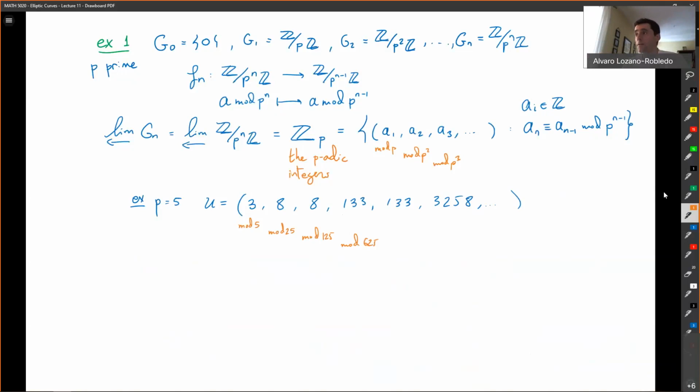By the way, Z_p is a group under addition, and it's in fact a ring.